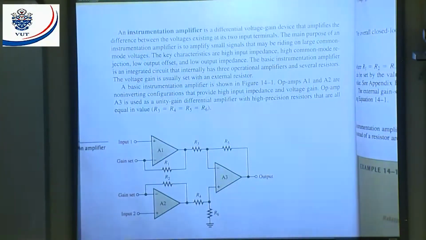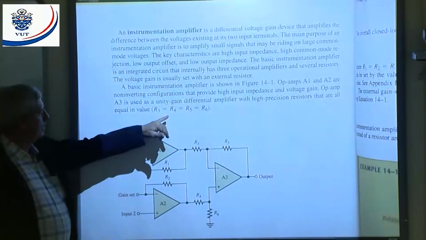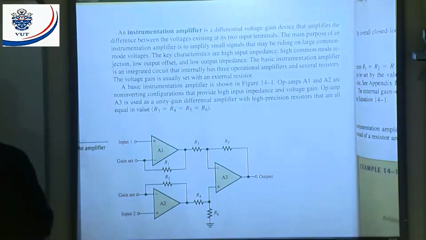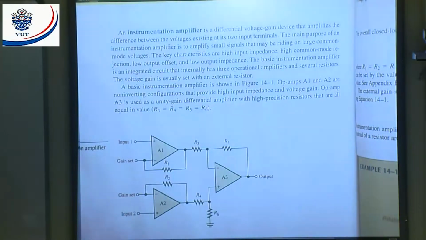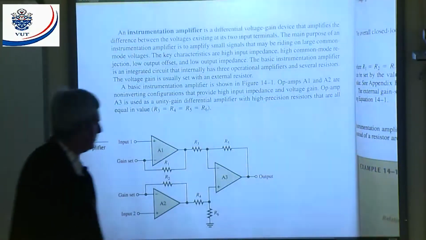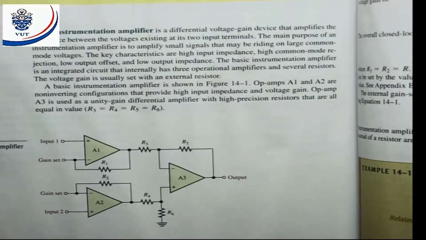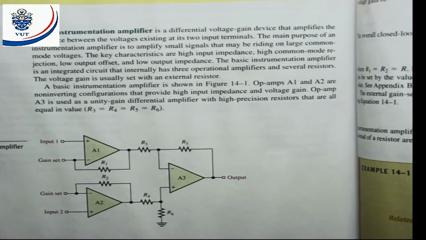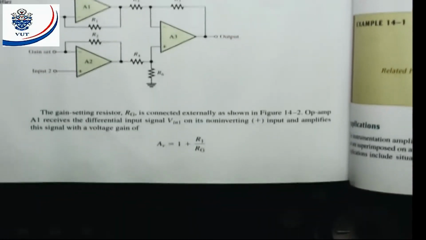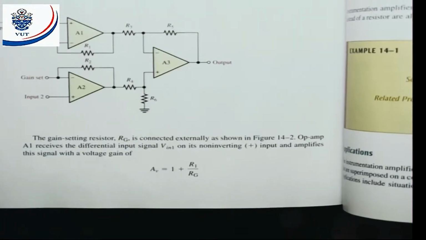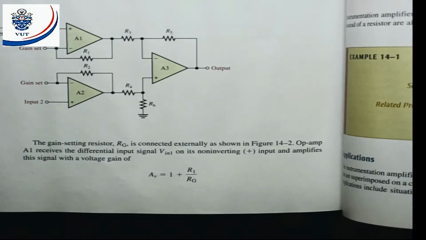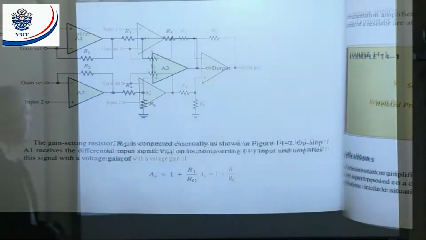There you can see the high precision resistors R3, R4, R5, and R6. That means they have very small tolerances. The gain setting resistor RG is connected externally, as I already mentioned. Here we put our gain setting resistor RG, externally.